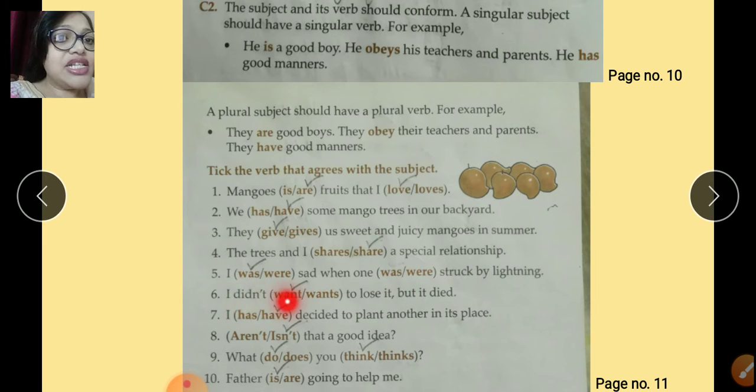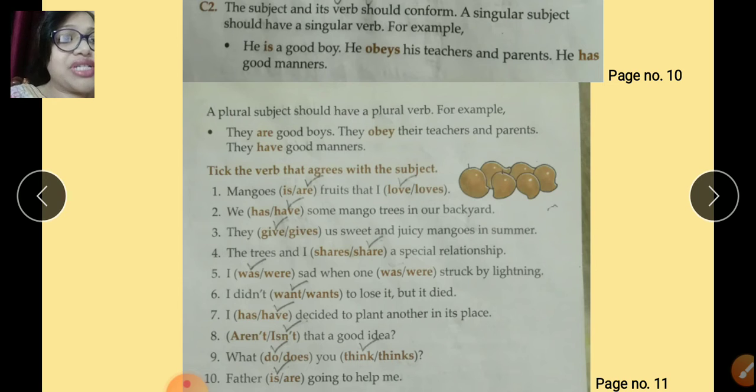I didn't want to lose it, but it died. I have decided to plant another in its place. Isn't that a good idea? What do you think? Question mark. Father is going to help me.